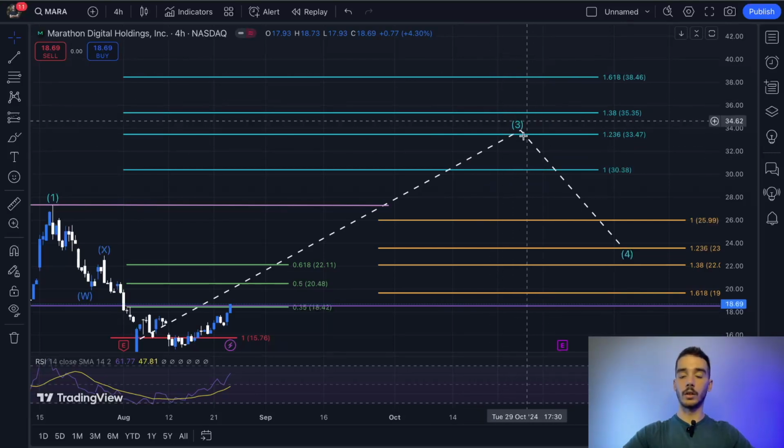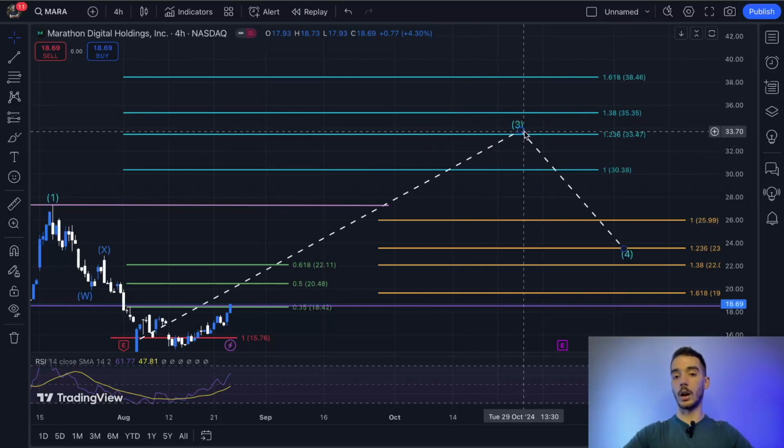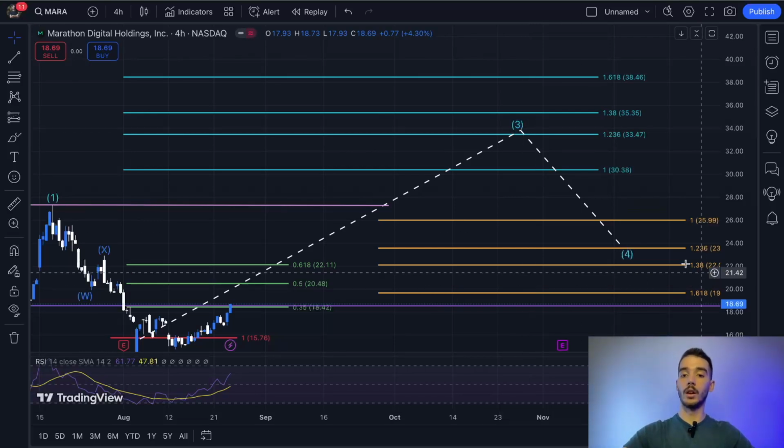Once we do see a confirmed top out in this area, I'll be able to give you guys a more accurate or a bit more confident fourth wave level. So this fourth wave level is just an estimate. It's not really concrete at the moment. So let's see what happens.